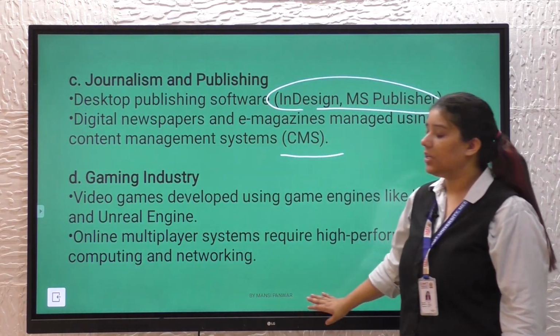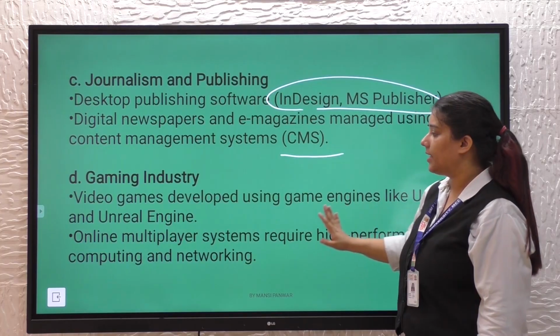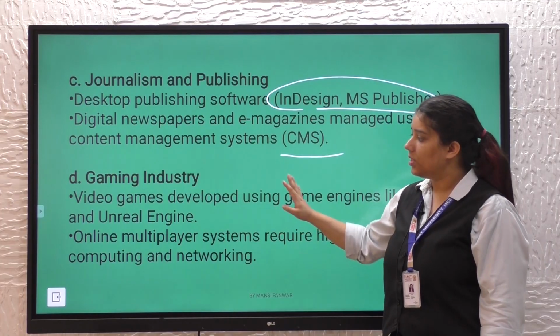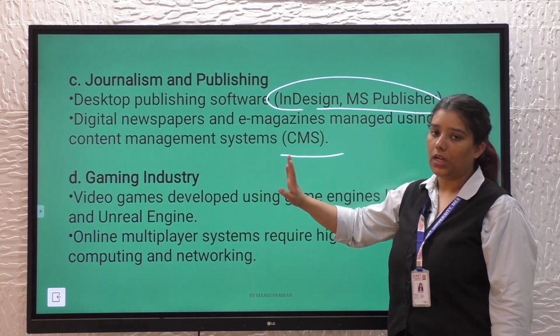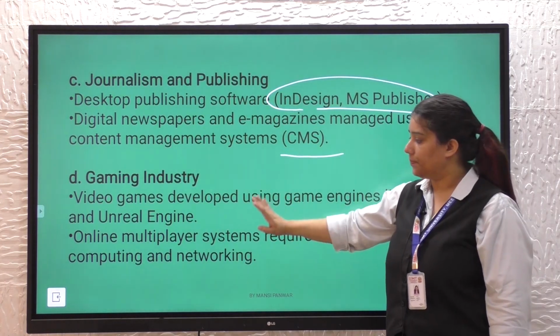Next is gaming industry. Video games developed using game engines like Unity and Unreal Engine, all those work on computers. So the gaming industry comes under entertainment. So the role of computers in entertainment is important.